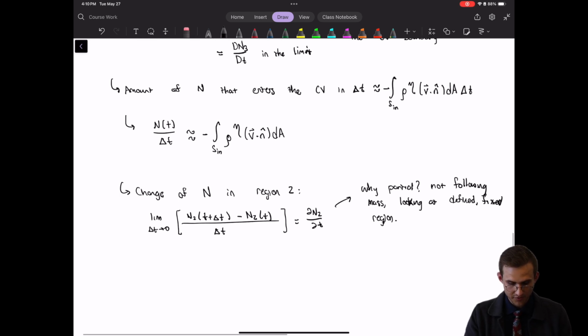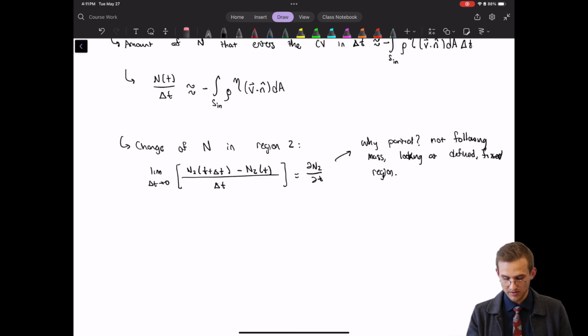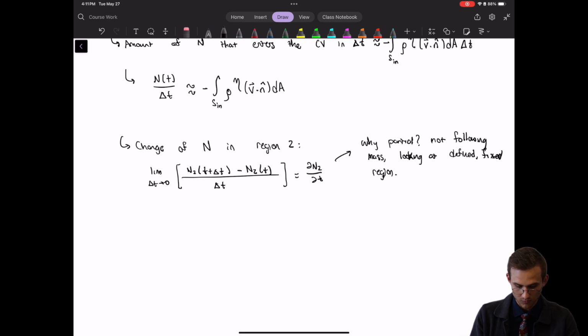And furthermore, why is it a derivative at all? Well, it's in the definition there, right? You basically have the definition of the derivative, but like I said, we use a partial derivative here instead of a total derivative because of the way we're defining this.